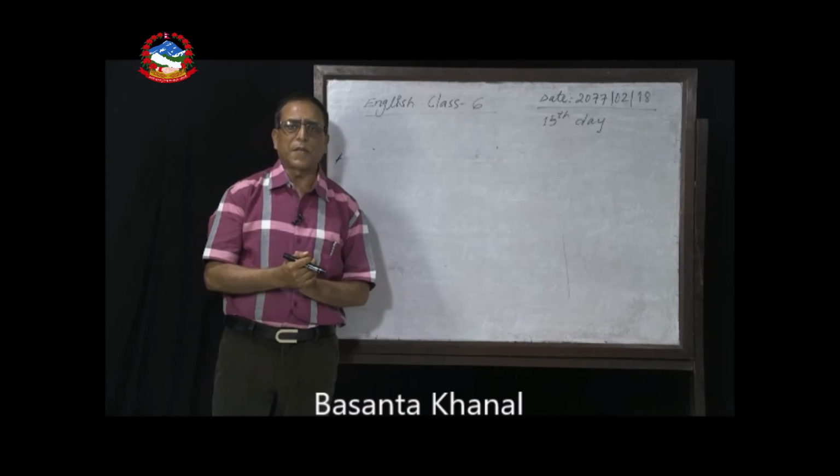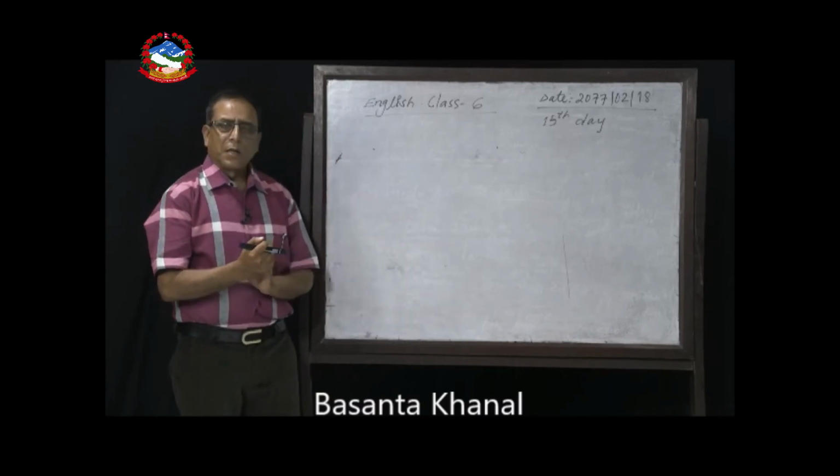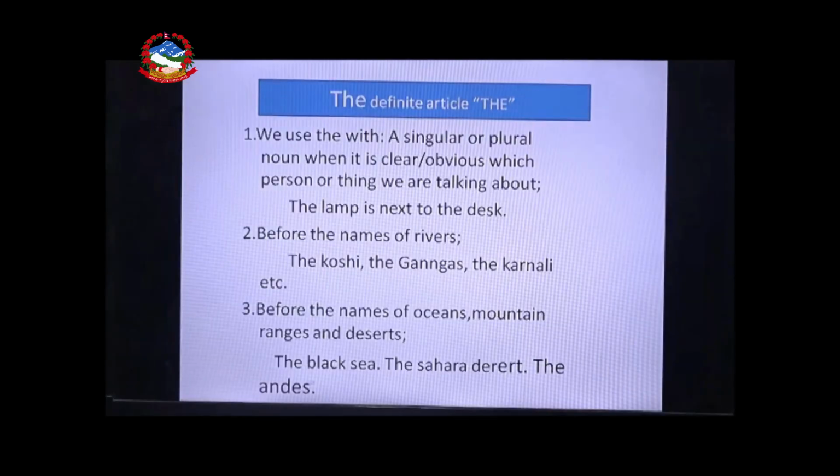Now, in which situation or condition do we use the? Let's know. Okay, let's go to the slide. Dear students, we use the with a singular or plural noun when it is clear or obvious which person or thing we are talking about.